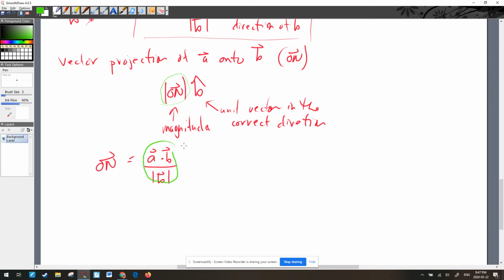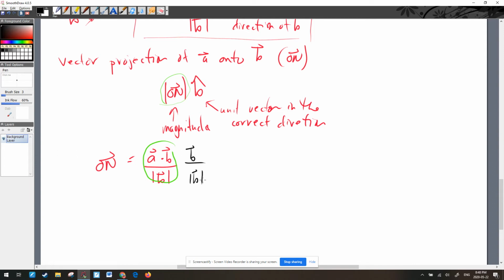And then we're going to do the unit vector in the direction of B, which we know is vector B over the magnitude of vector B.